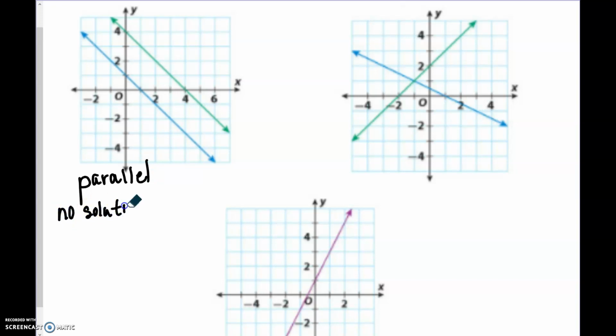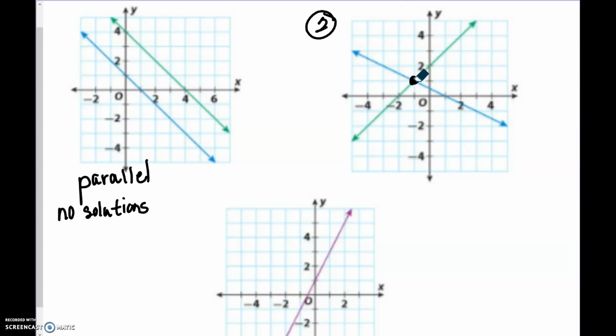If we drew two parallel lines on your desk, on the floor, on the ceiling, on the wall, they will never intersect. So they have no points in common. They have no solutions. When you look at this second graph, we have a blue and green line, and these two lines meet at a specific point.